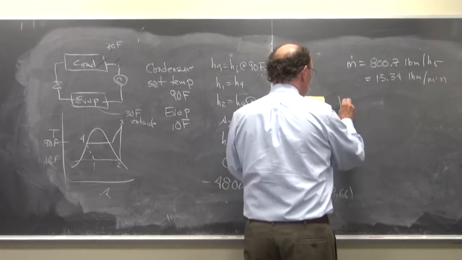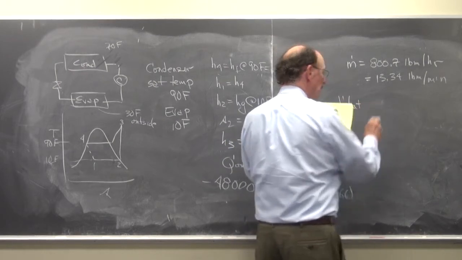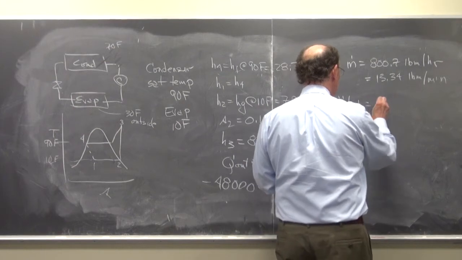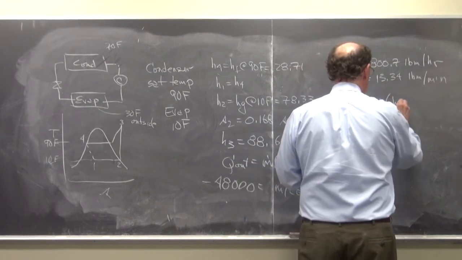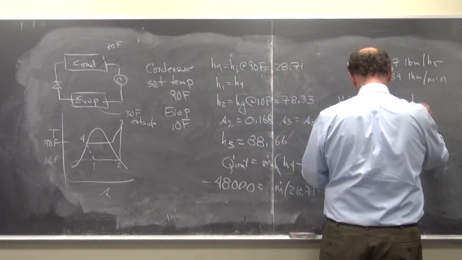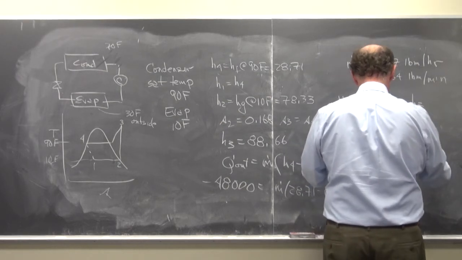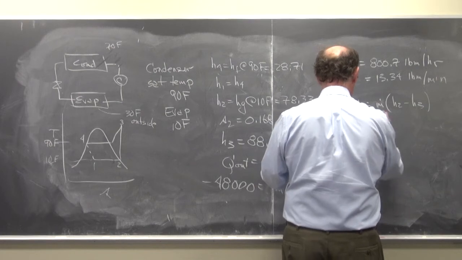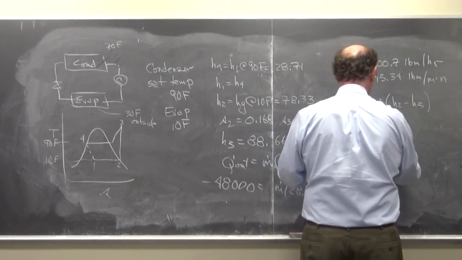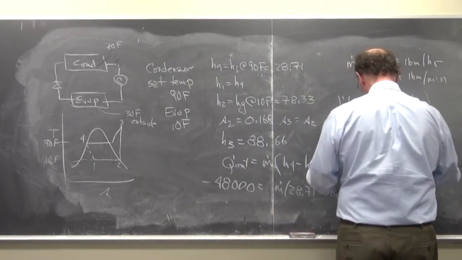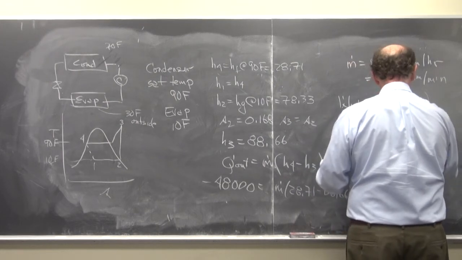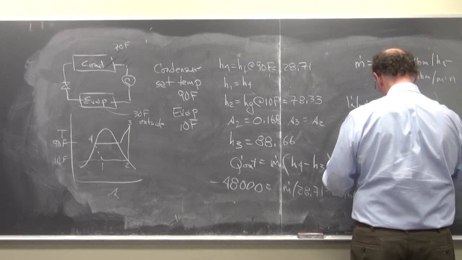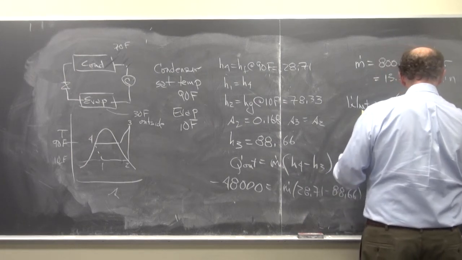And for the power, W dot net, I'm doing the first law on the compressor, which is equal to the mass flow rate times H2 minus H3. So this is equal to 13.34 times 78.33 minus 88.66.